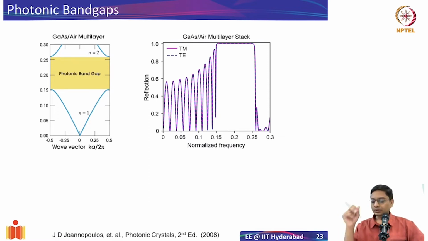So this is where we left off last week. We talked about the gallium arsenide and air multilayer stack. We said that you have a band gap that opens up, and the extent of the band gap, delta omega by omega, the band gap to mid-gap ratio, is proportional to delta epsilon by epsilon, times a sine term, sine of pi d by a, divided by pi.